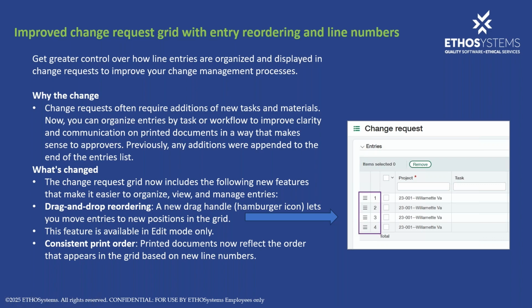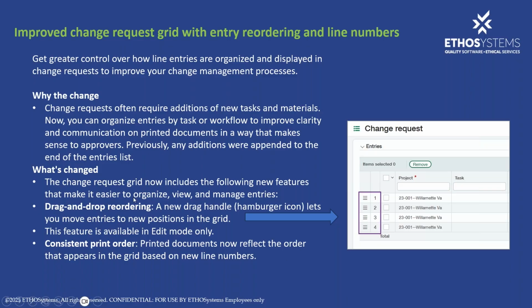And it's going to be in order, and it's going to be organized in a way that's going to make sense to your approvers now. And then also it appends any of those entries that were added to the end of the list. So before, remember, when we would add something, it would add it to the end of the list. And so then everything looked a little wonky and out of order, and you'd have to scroll down.